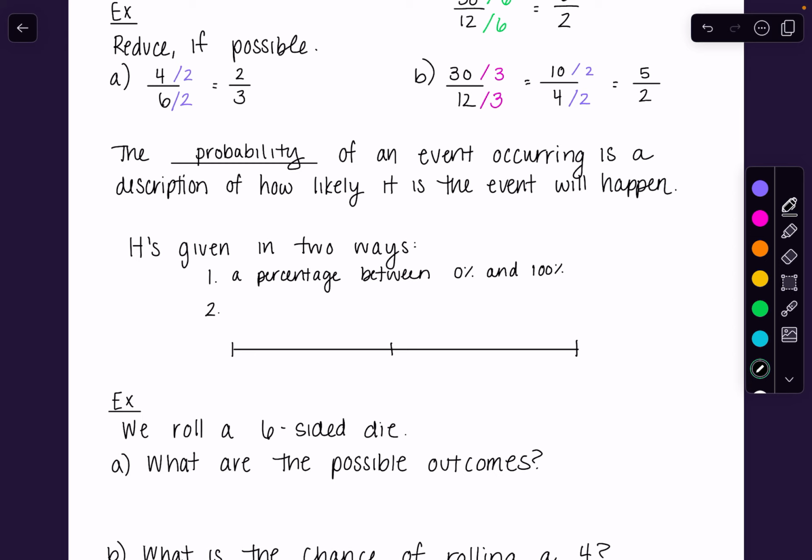You can't have a negative chance something is going to occur. You also can't have more than 100% chance that it will occur. Okay? The other way you can display the same information, because remember, percentages you can always put in decimal form. So we can also give this as a decimal or fraction between 0 and 1.